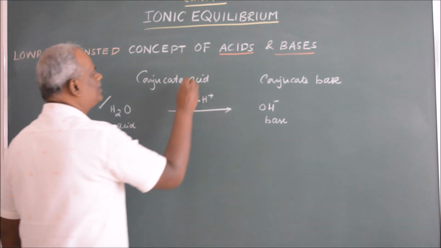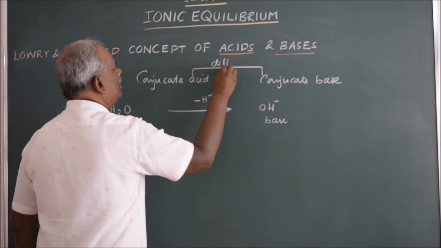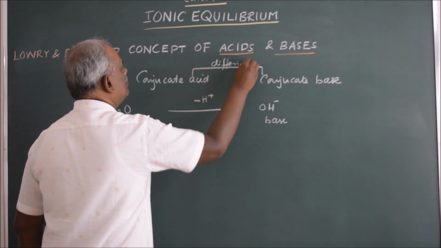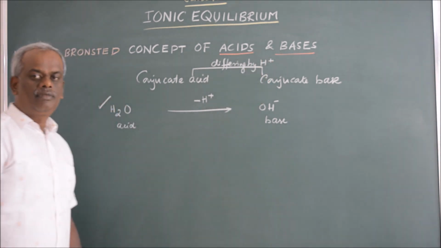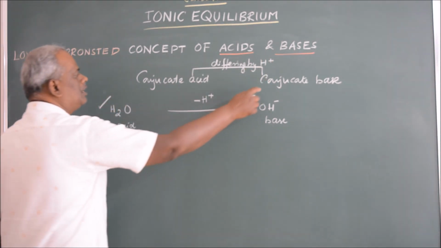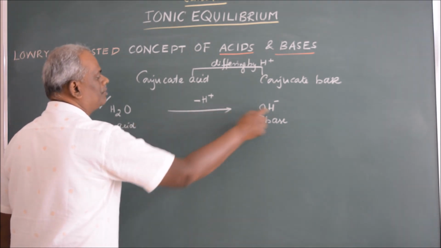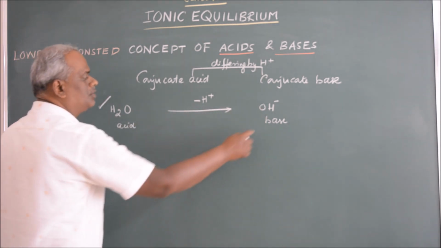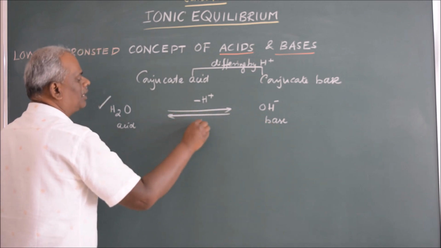You see the difference between them. These two differ by H plus. If you want to get a conjugate base, you just remove hydrogen plus from this. If you want to get a conjugate acid for this, you just add H plus.